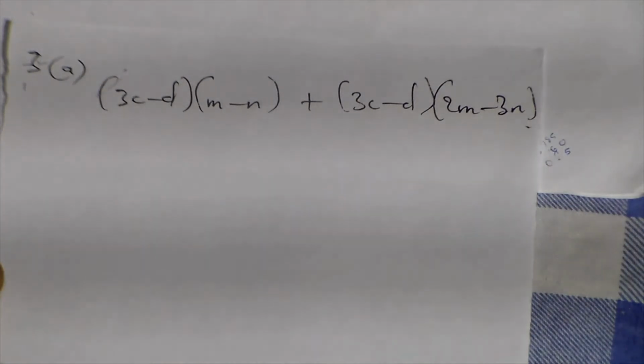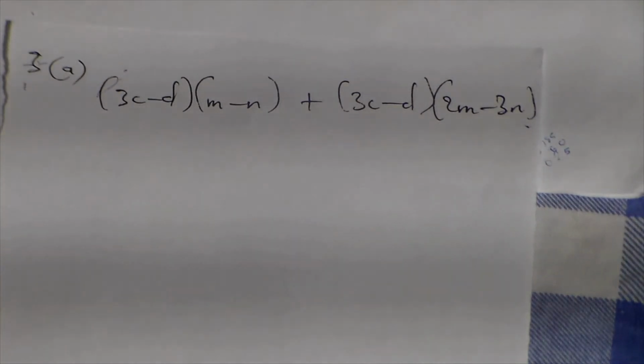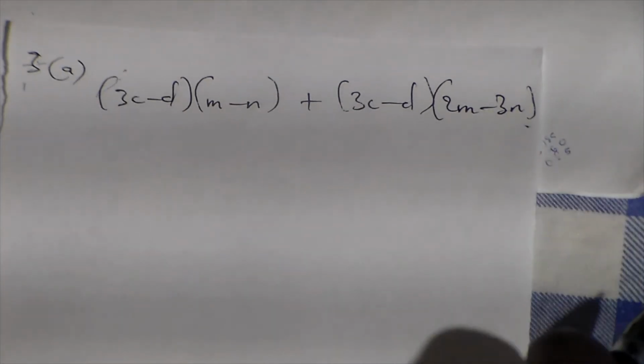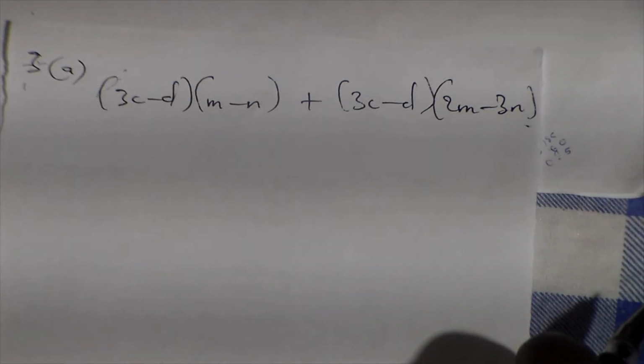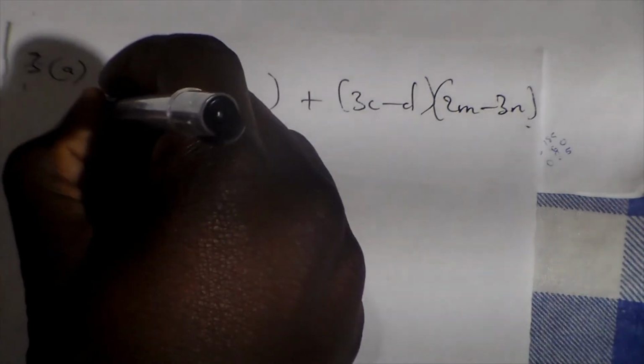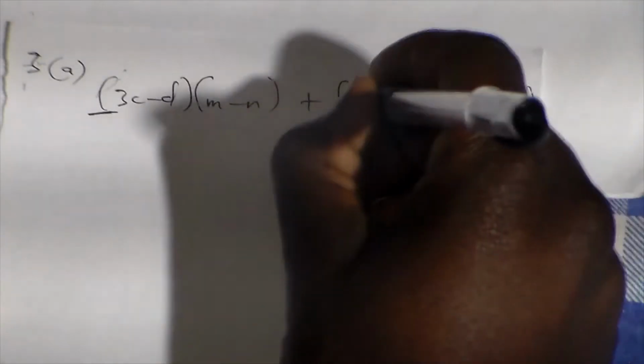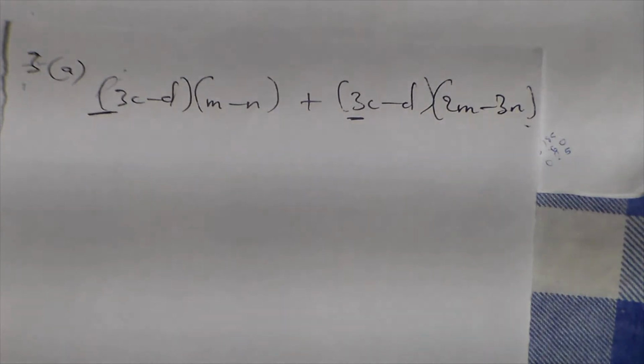That is the part A of my question 3. Here what you are supposed to do is to remove these brackets and simplify. But if you look closely at the question, you can see that this part and this part is a common factor, which is 3c minus d.